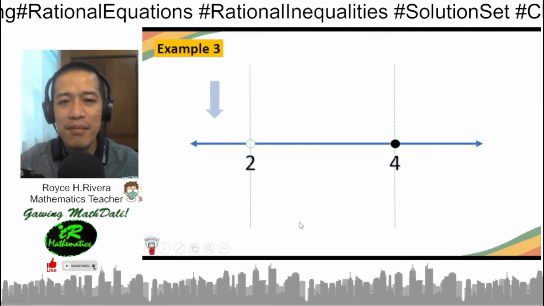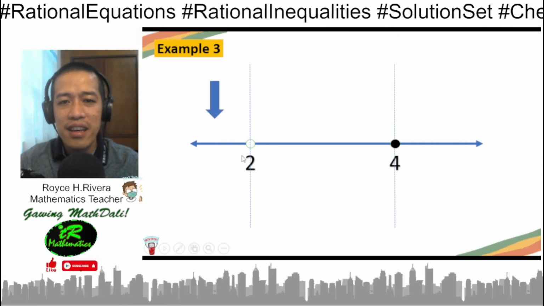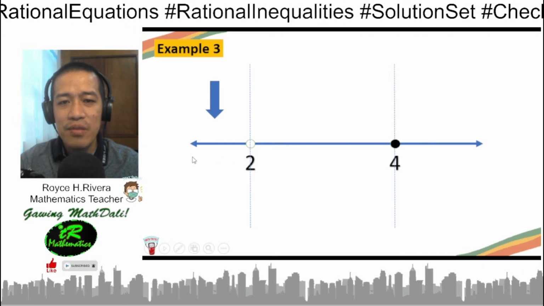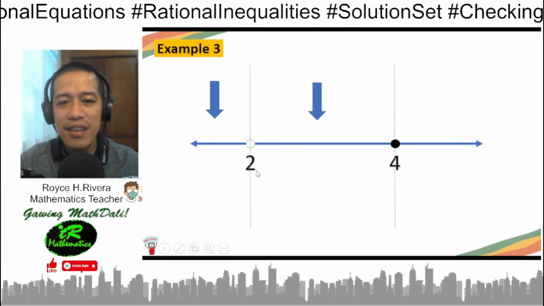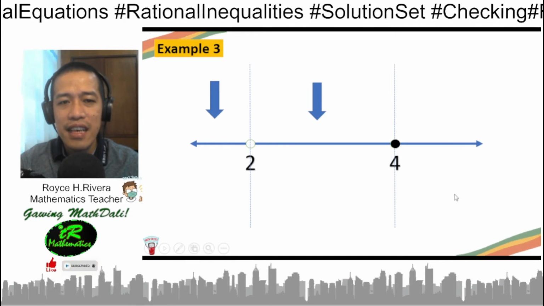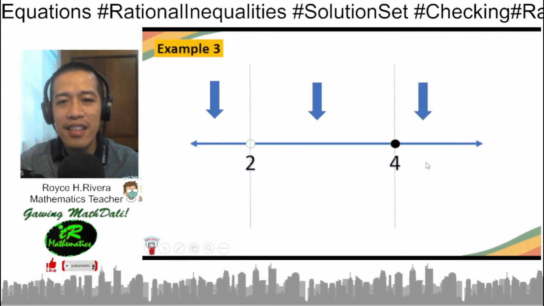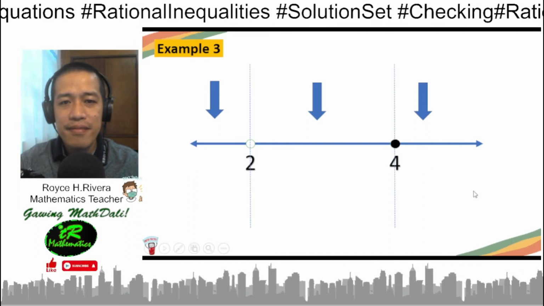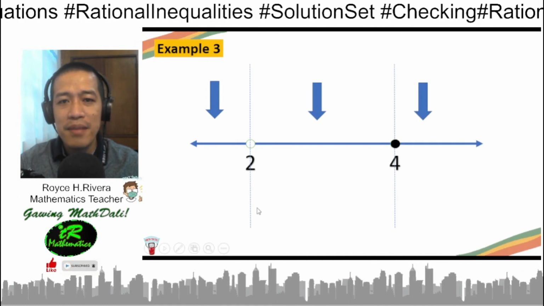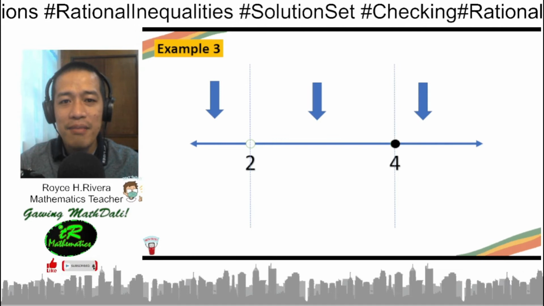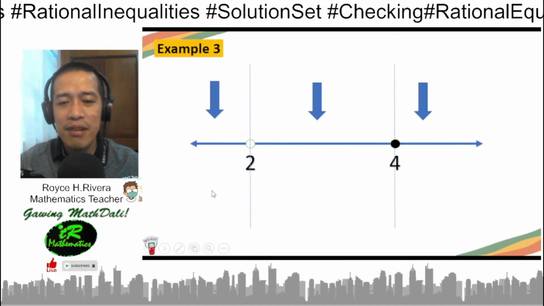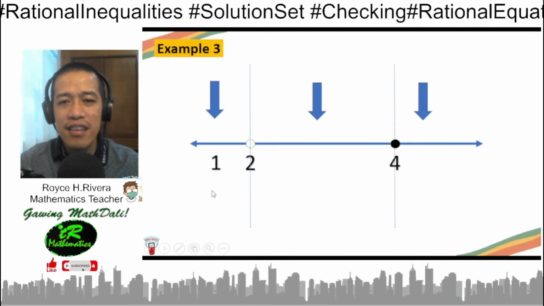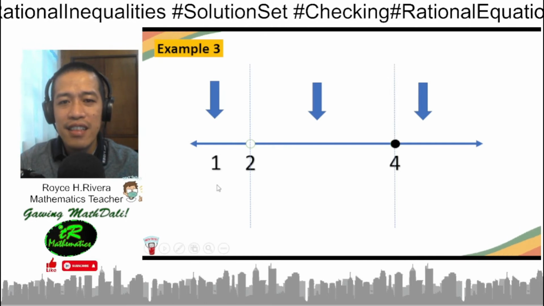Pipili tayo ng number sa unang interval sa kaliwa ng 2, in between 2 and 4, and to the right of 4. Yung mga madadaling number lang ang ating piliin. Example, to the left of 2, let us choose 1.